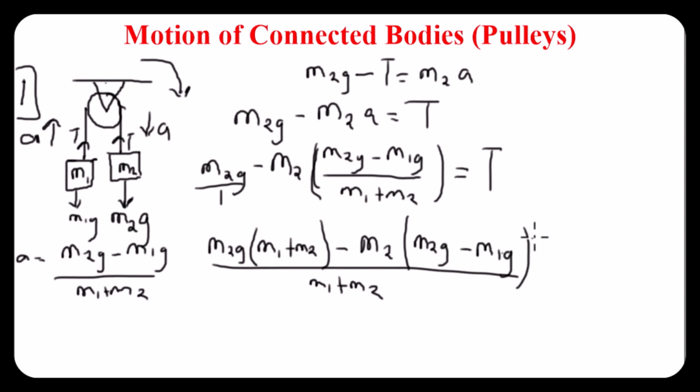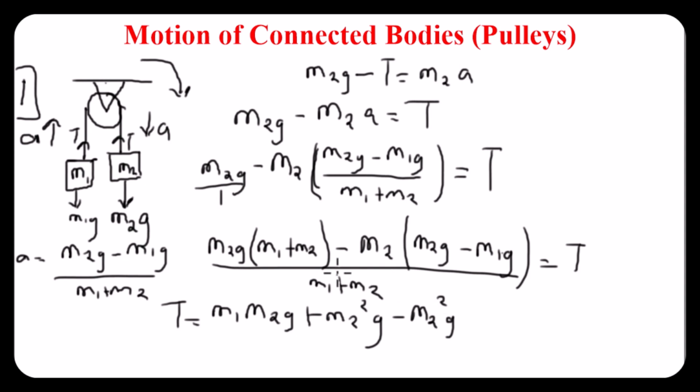Now it's time for us to open the brackets. So opening this bracket, I'm going to write my tension on the right hand side now. So here m2g times m1, we have m1 m2 g, okay, and m2g times m2, so we have plus m2 squared g. Then opening this bracket, we'll be having minus m2 squared g, and opening these two brackets we would have plus m1 m2 g.